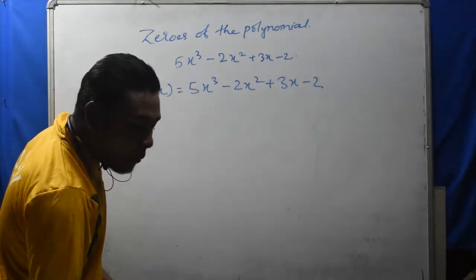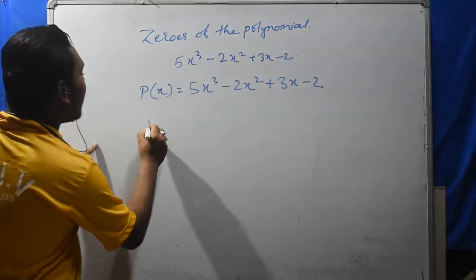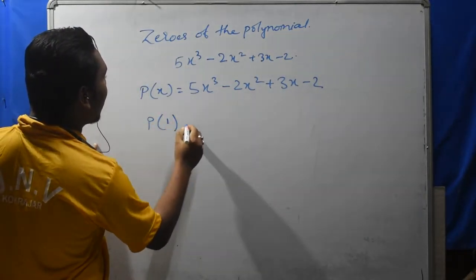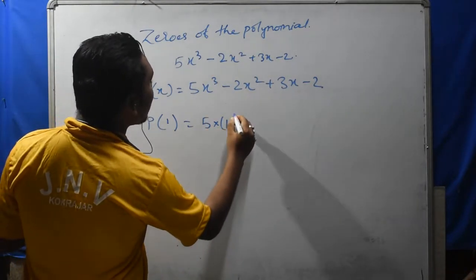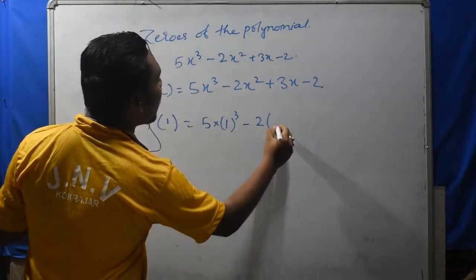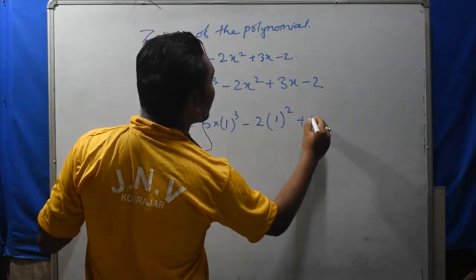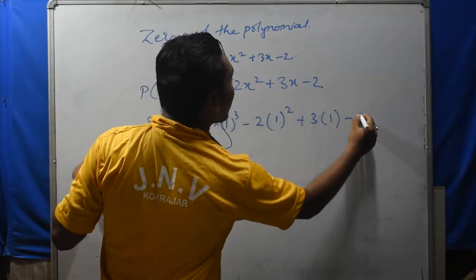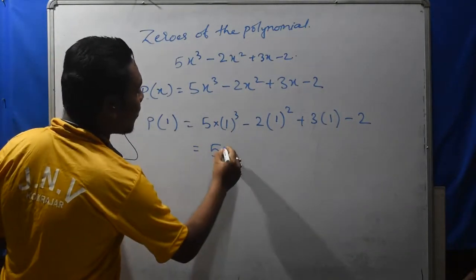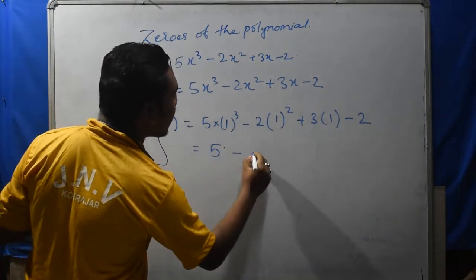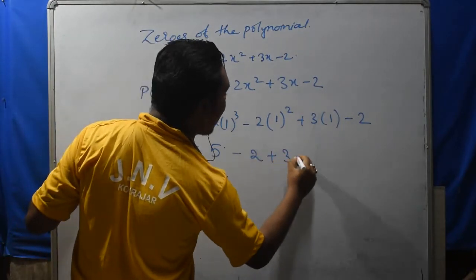Suppose let us take x equal to 1. At x equal to 1, p(1) becomes 5 into 1 cube minus 2 into 1 square plus 3 into 1 minus 2, which is 5 minus 2 plus 3 minus 2.